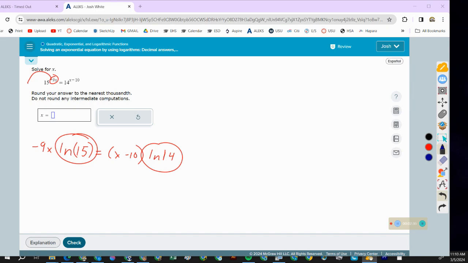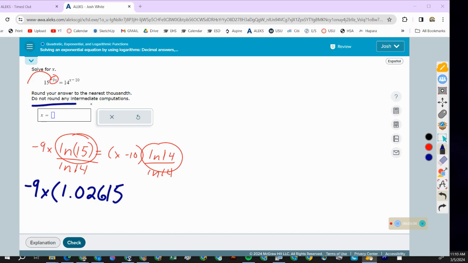So the ln of 15 is 2 point, well, actually, here's what I would do. I would divide by the ln of 14, and then you're only dealing with one nasty decimal. So the ln of 15 divided by the ln of 14 is negative 9x times 1.02615.